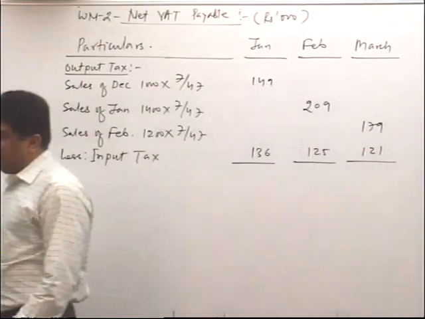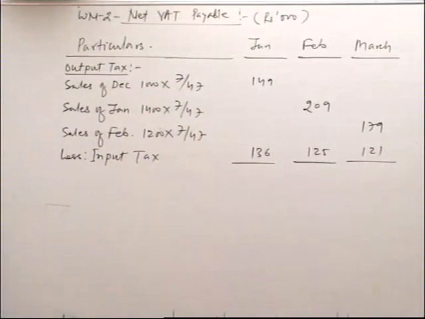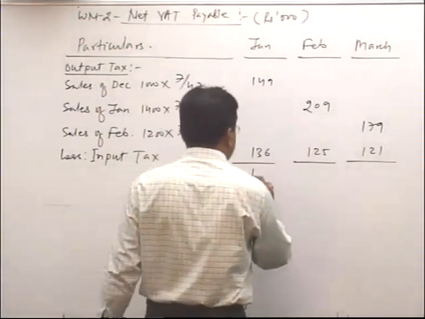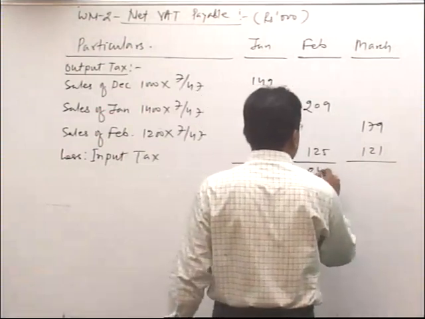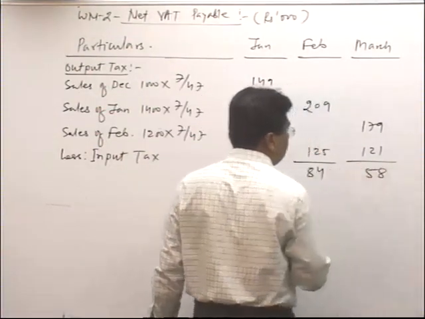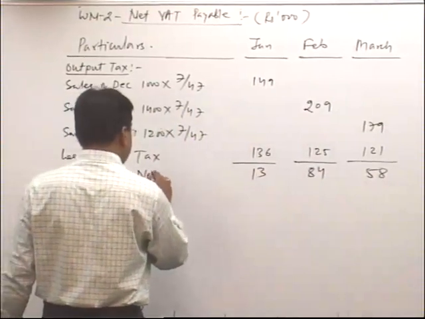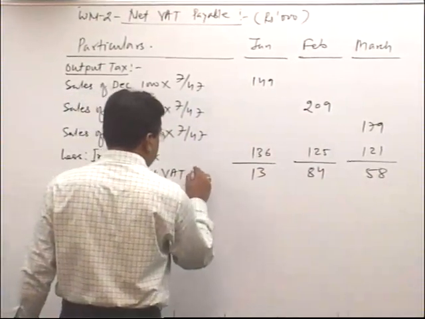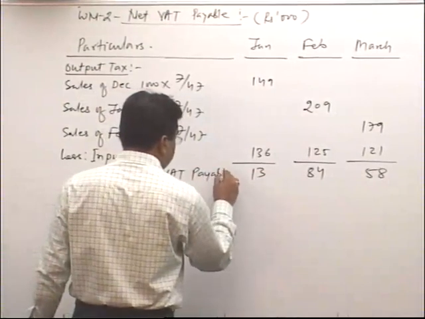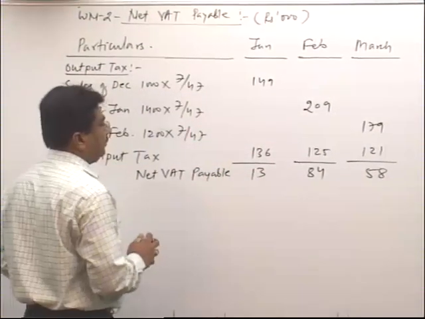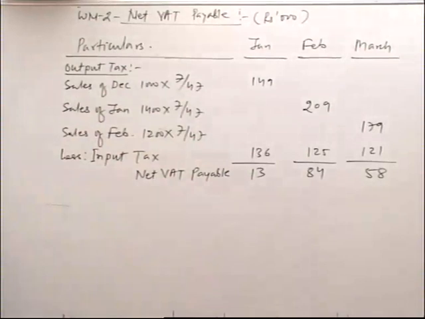It is given 136, 125 and 121. So the resultant figure is 13, 84 and 58. So this is the net VAT payable and this will go to the cash budget. 13, 84 and 58.